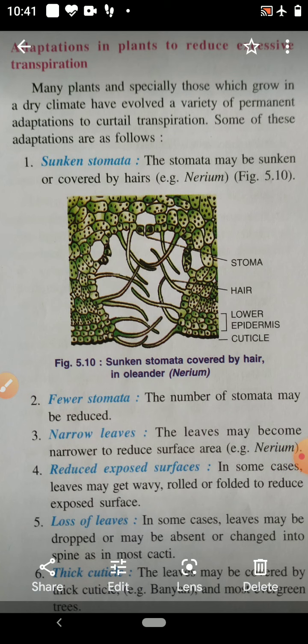So they have some adaptations for preventing transpiration, for checking transpiration. So they have some permanent adaptations to curtail transpiration, for reducing transpiration.